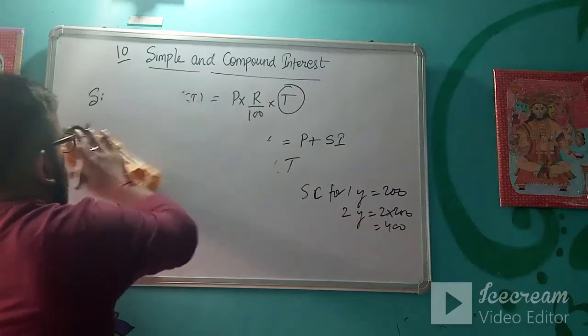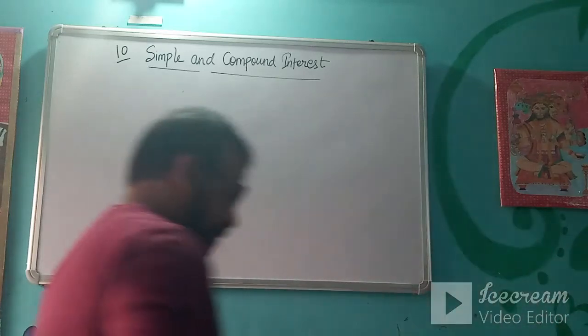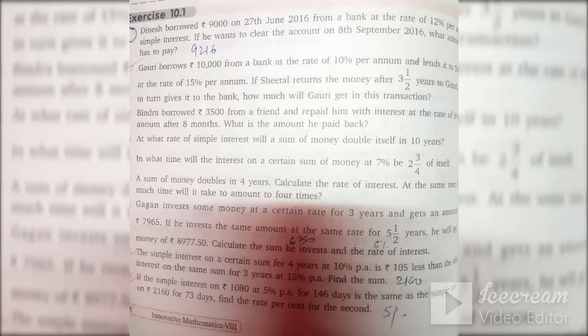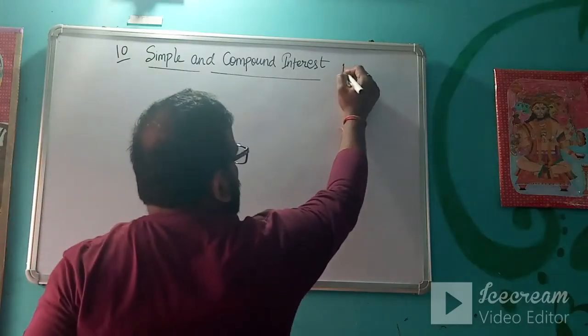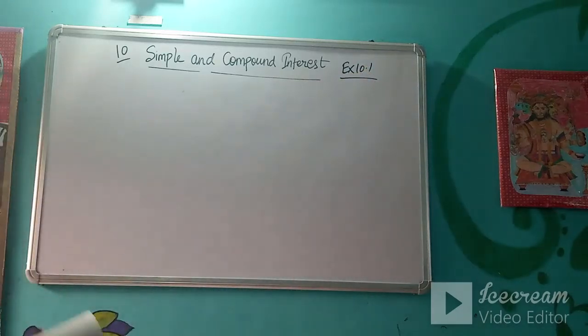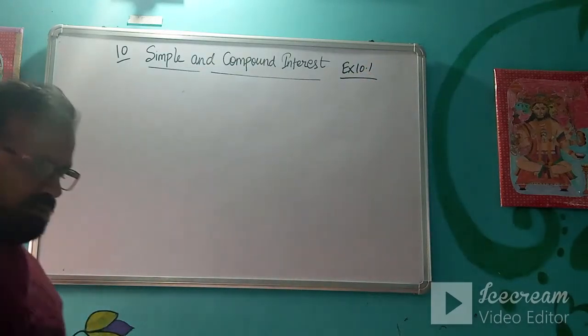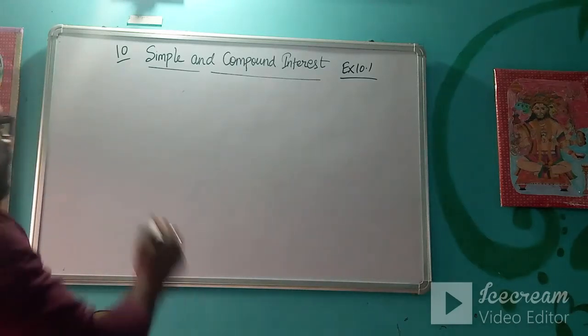Okay, let's see a few problems. And the formula we have to remember. Now let's see the very first question of exercise 10.1. What is given is that Dinesh borrowed rupees 9,000 on 27th June.